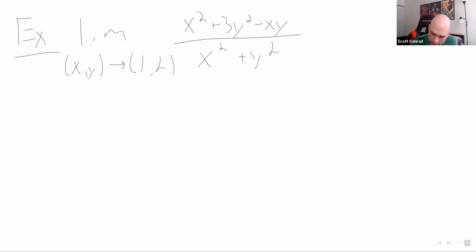Just to make our lives easier. Okay, so if I give you this limit, a question would typically say, evaluate the limit or show it does not exist.